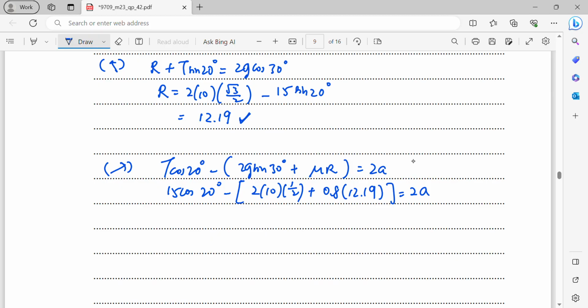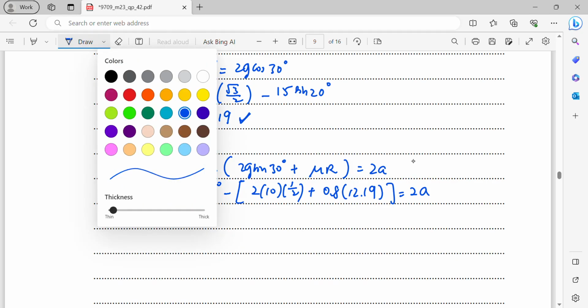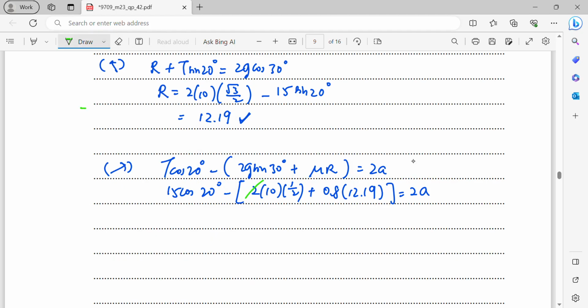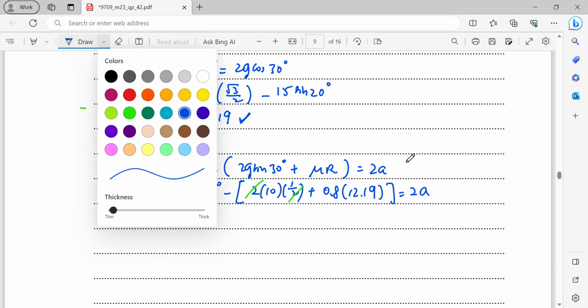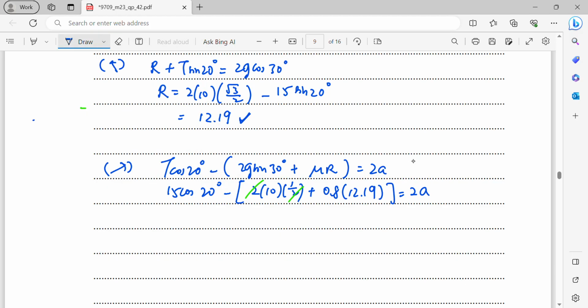When you calculate the left hand side, after I simplify these terms, you will be getting a negative value, negative 5.6566 on the left side, and the right side is 2a. Then my a is going to be negative 5.6566 divided by 2, and you will get negative 2.83 meters per second squared.